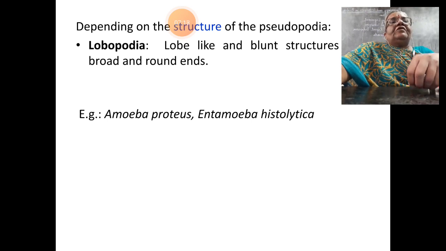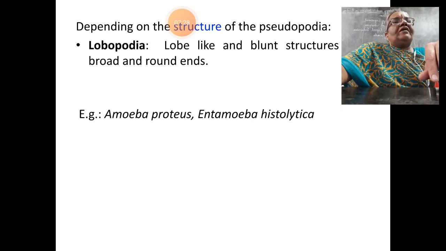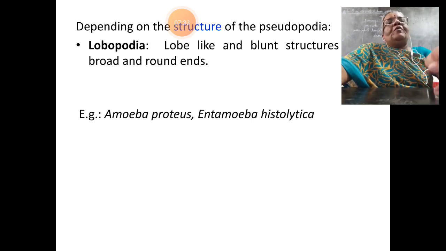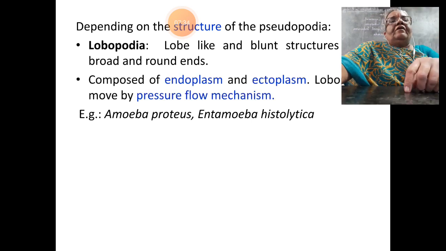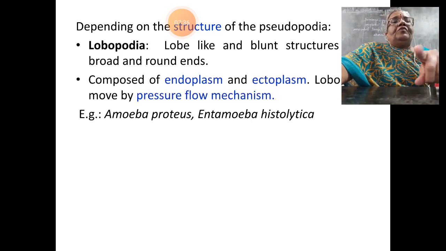All right. So, if the locomotory organelles temporarily are formed, taking the form of a lobe, a blunt structure with broad and round end, then you call them as lobopodia. Okay. They are composed of both ectoplasm and endoplasm.